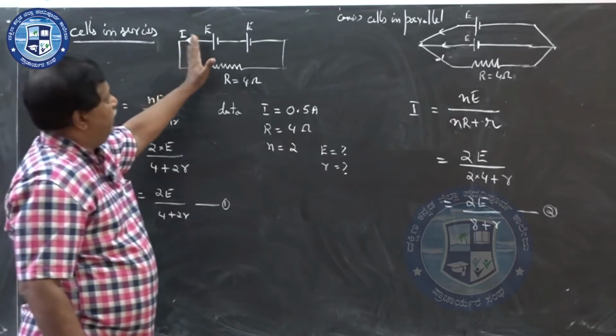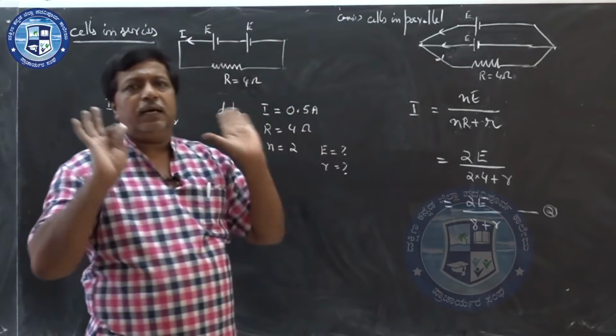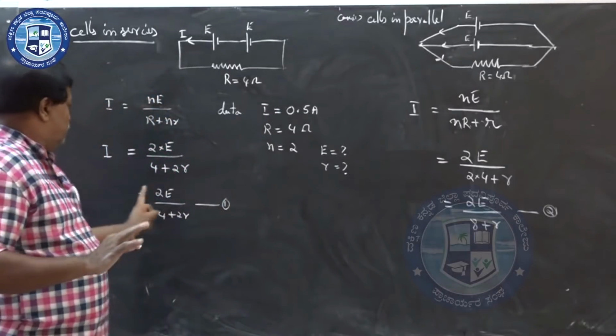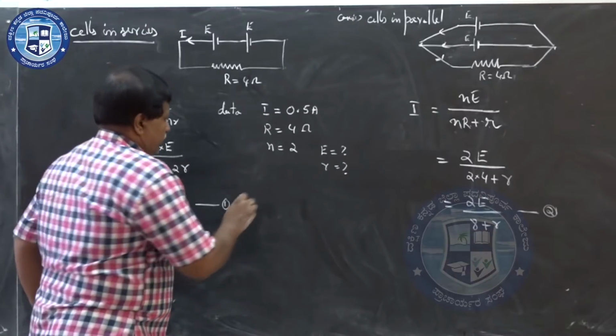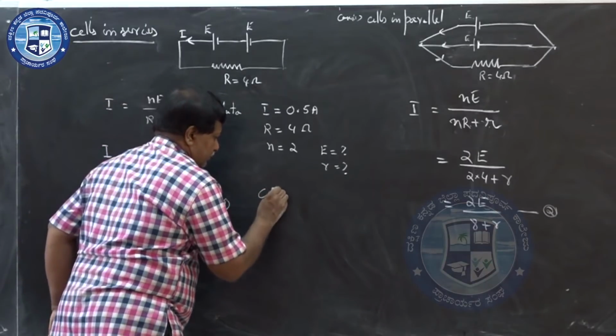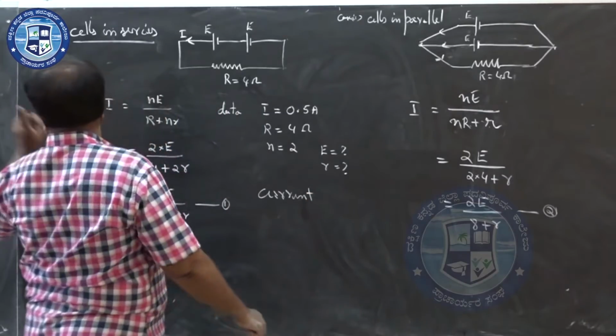When the cells are connected in series or in parallel, the current will be same. So, from equation 1 and 2, the current is the same, as given in the problem.